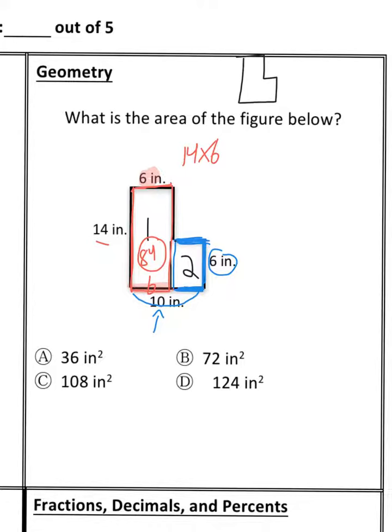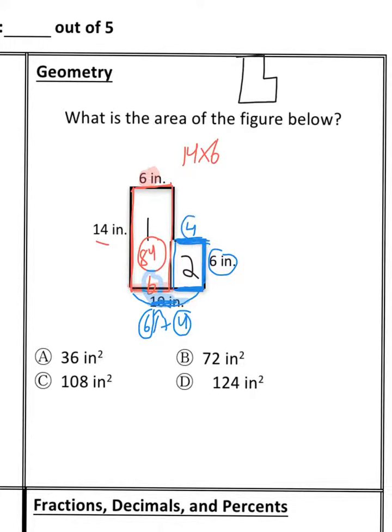So if this whole thing here is 10, oops, meant to use the highlighter. If this whole thing is 10, I have to take that 6 away from 10. And if I take that 6 away from 10, I'm left with 4. Because if you think 6 plus 4 is 10. So the bottom of the red rectangle is 6, the bottom of the blue rectangle must be 4.